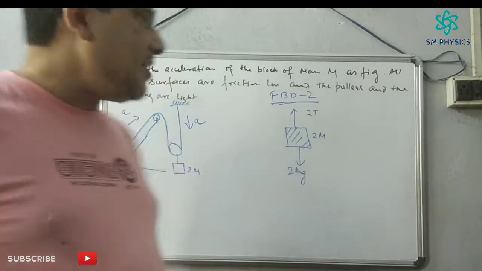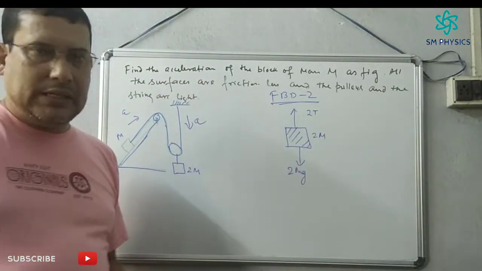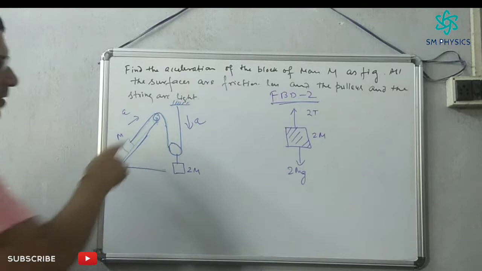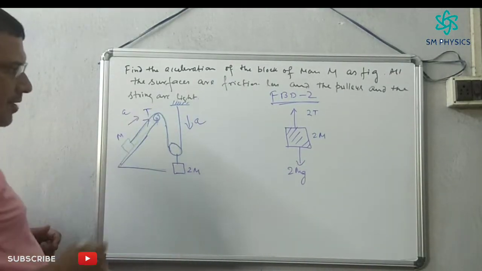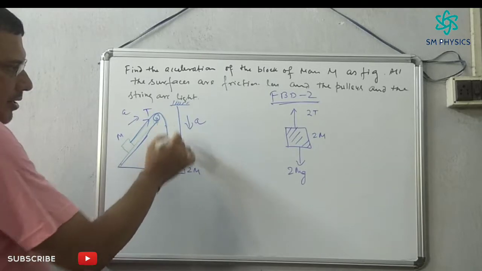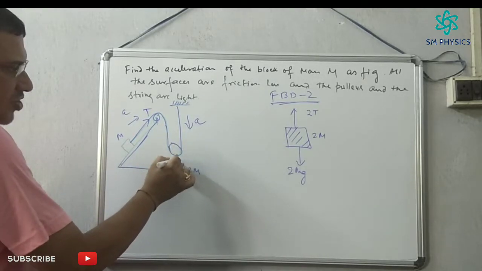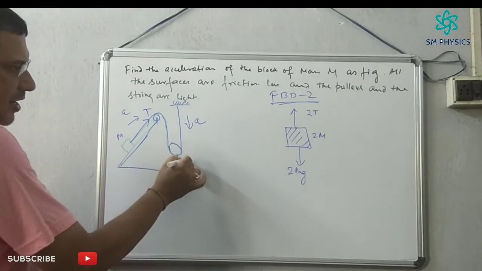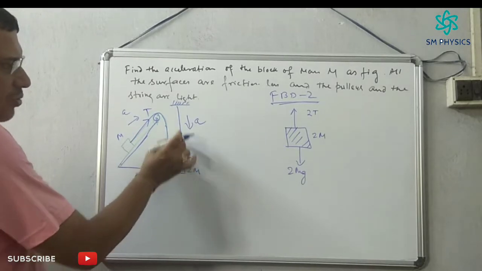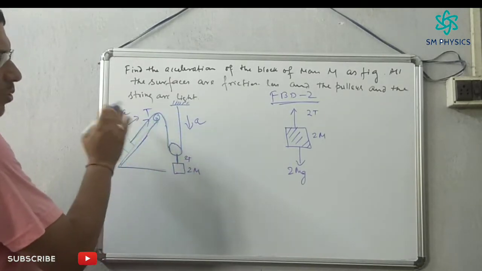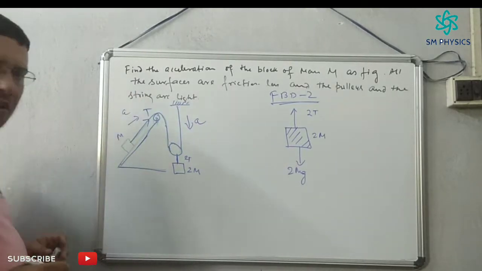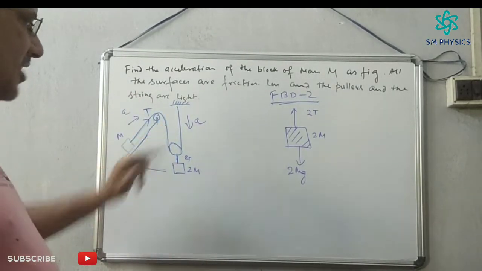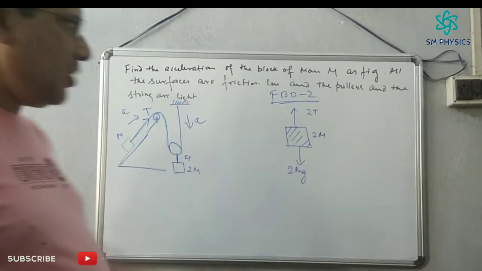Because previously I took the tension as T. Here you see the tension in the string is T, but the net tension here is 2T. When 2T is divided into two segments, one arm has tension T and the other is also T. So 2T is there. That's why I take 2T.